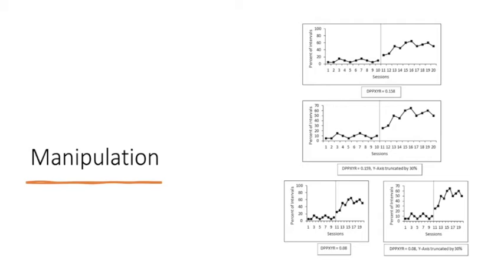So the trend appears steeper, the level change appears steeper because the data is now squished. And then in the bottom right graph, I actually manipulated the ordinate. So I truncated that and I made the DPPXYR less than 0.14. I call this the double whammy. It has a major impact on how we view that data stream.